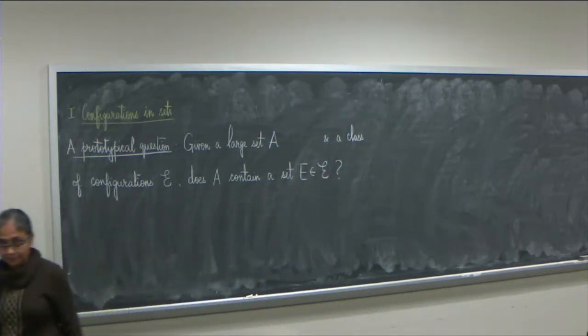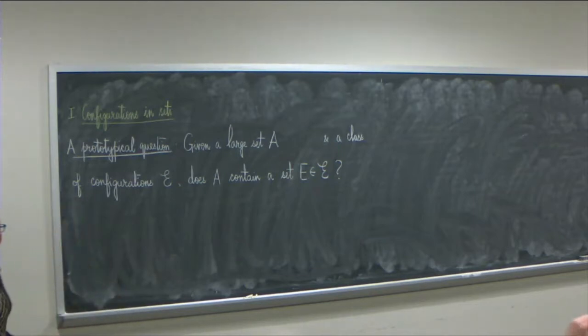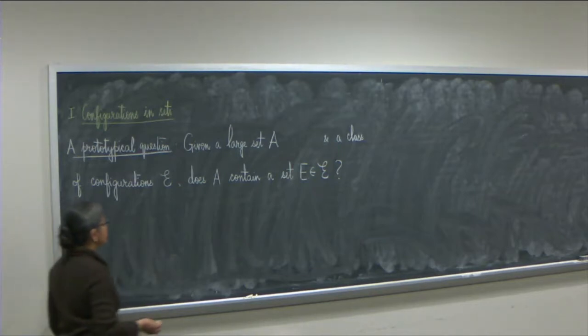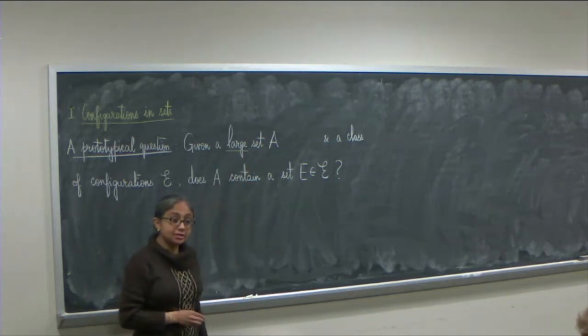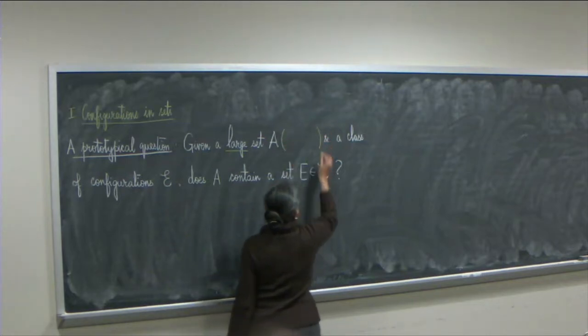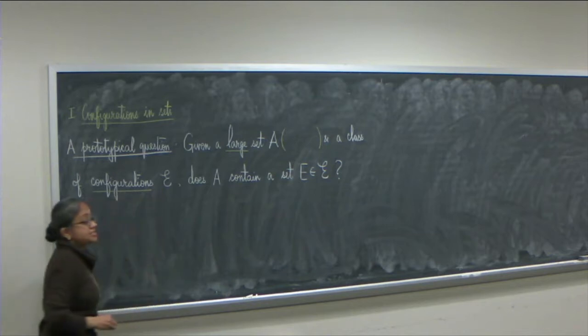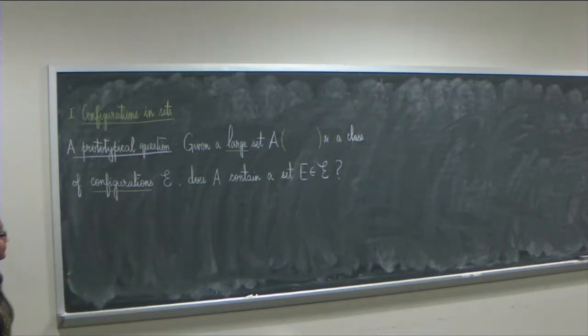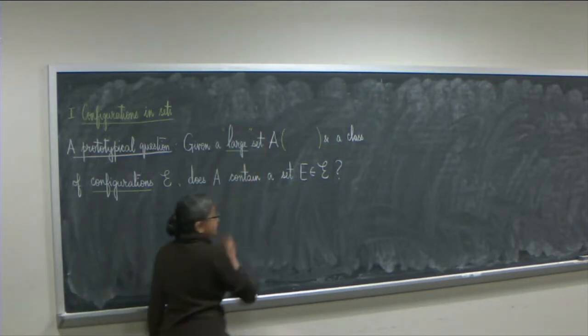So already, you see, there are a number of things that I have deliberately left open-ended. What exactly does large mean? Where is this set E? Where does it live? And what exactly does a class of configurations even mean? What large is, as we will see, is in the eye of the beholder.